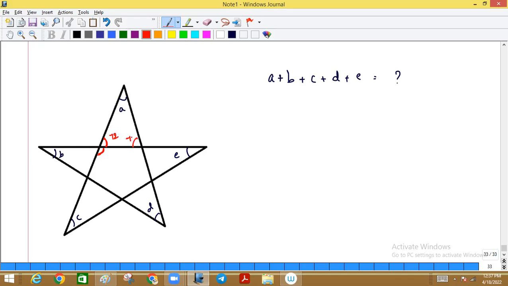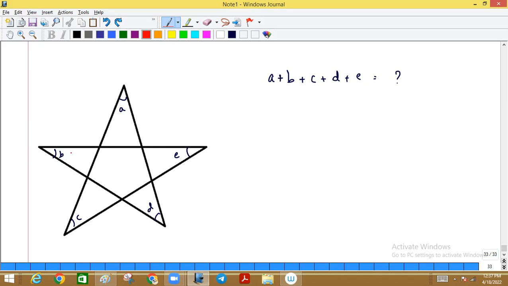This one is how much? 72 only. Both of them are the same, right? This is also outside, that is also outside. 72, 72, 144. So A must be how much? It is the same both ways, goes with all of them. So 36 into 5, how much? It is 180. You should have at least said that. Yes or no? Even if it is not regular, you tell me.